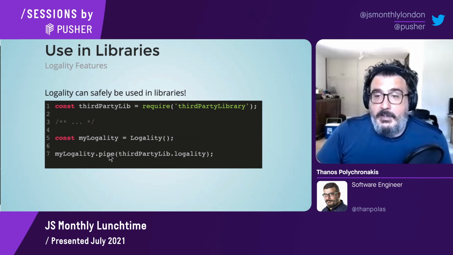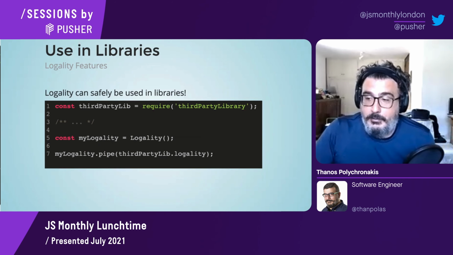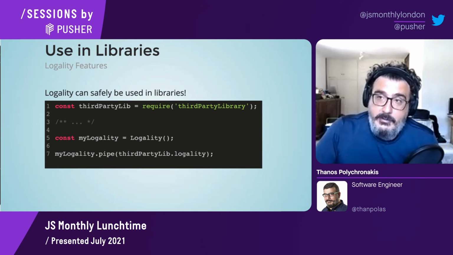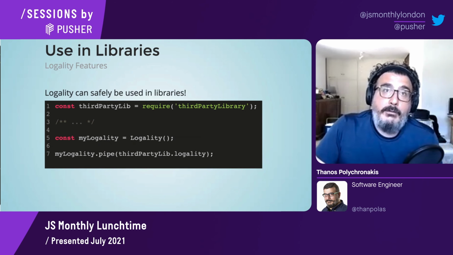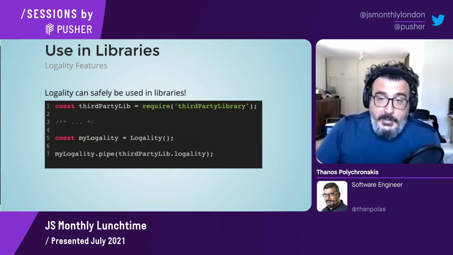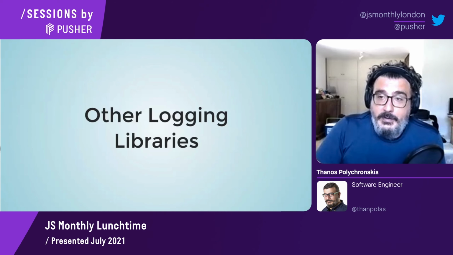This has been a very thorny issue because major libraries require some sort of logging so that you understand what's going on, and the only way for libraries to pass information upstream to the application requiring them is through errors. And that is a very brute method, right? So that's all about Logality.